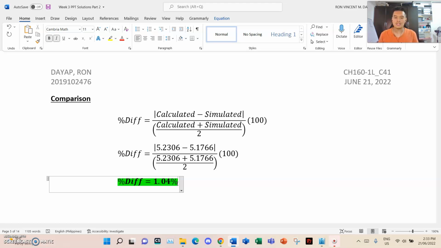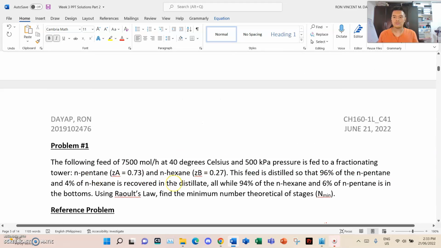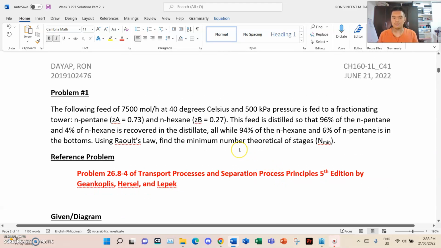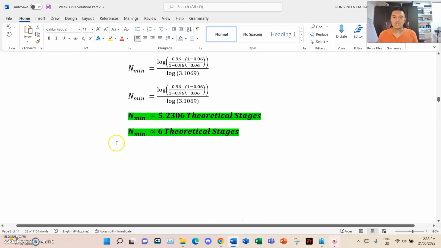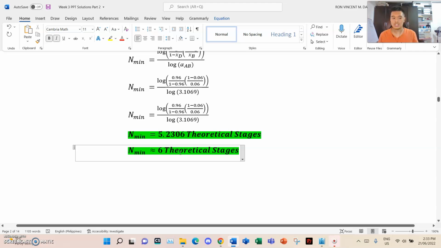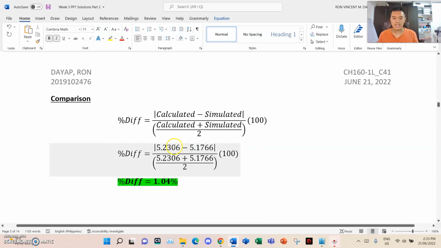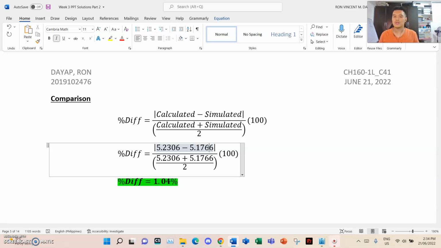Thereby, I conclude that to fully solve this problem, the minimum number of theoretical stages for this separation to occur is around 6 theoretical stages. So again, why 6? Because our calculated value is 5.2306 and our simulated value is 5.1766. However, we're talking about trays. There is no tray in fraction form, only in whole numbers.